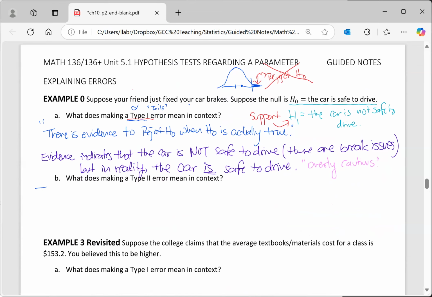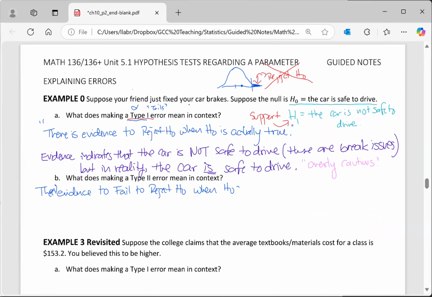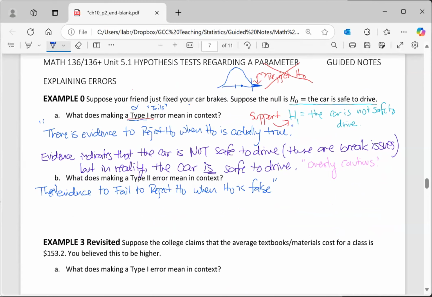So we're going to say there is evidence to fail to reject when H0 is false. All right, now let's try to interpret this one.